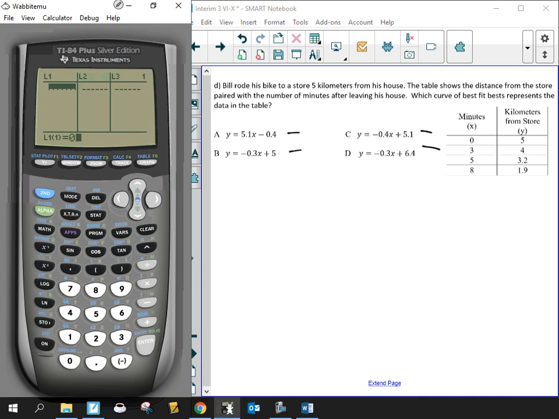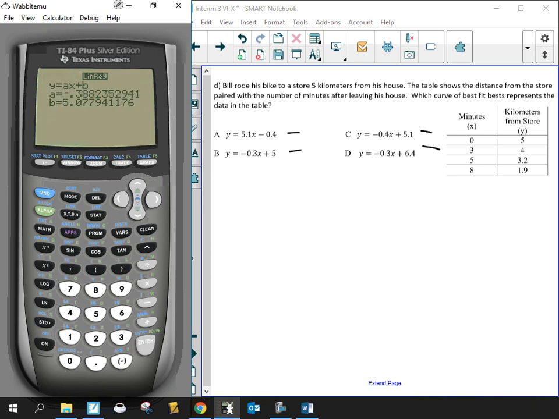And it's 0, 3, 4, 3, 5, 8, 5, 4, 3.2, 1.9, and we do stat calc line of best fit.